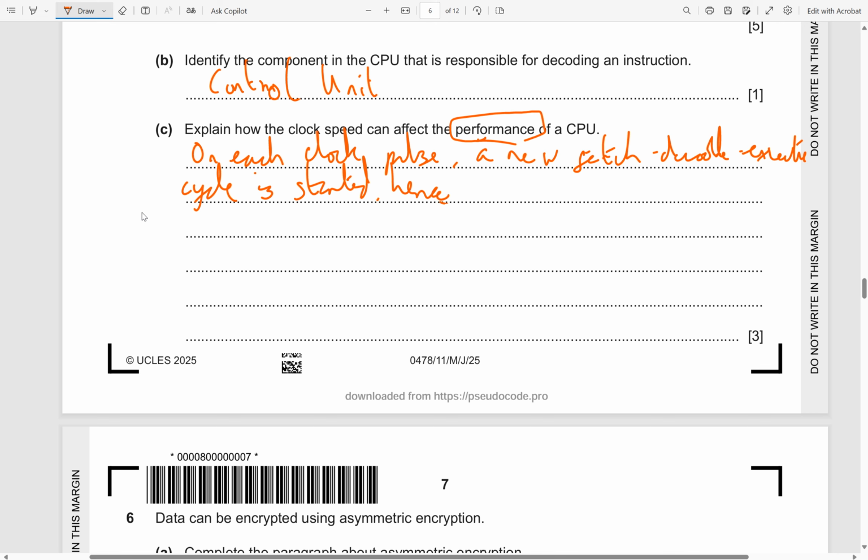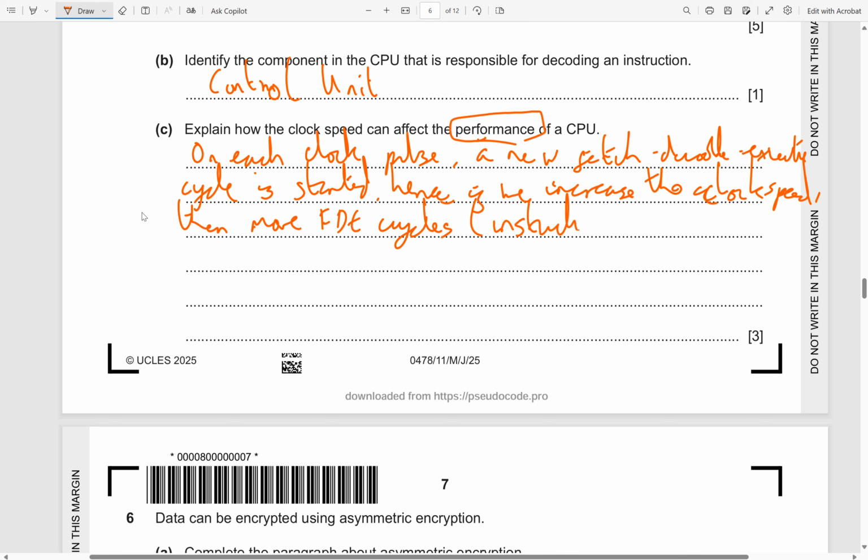Hence if we increase the clock speed, then more FTE cycles, and I'm going to put in brackets instruction executions, because that's what we're saying: more instructions are executed per second.